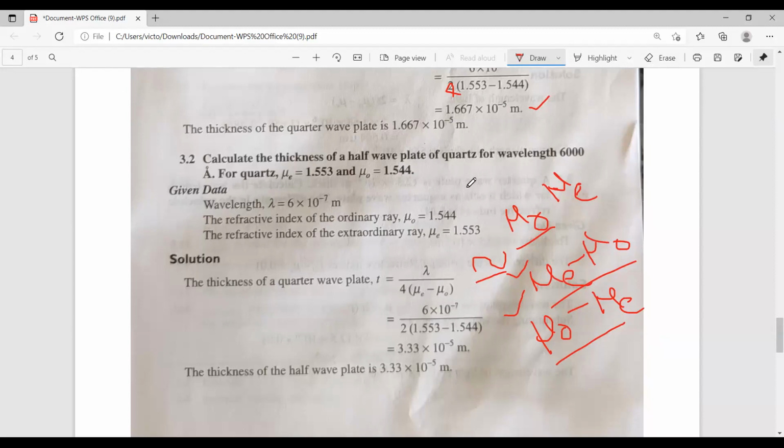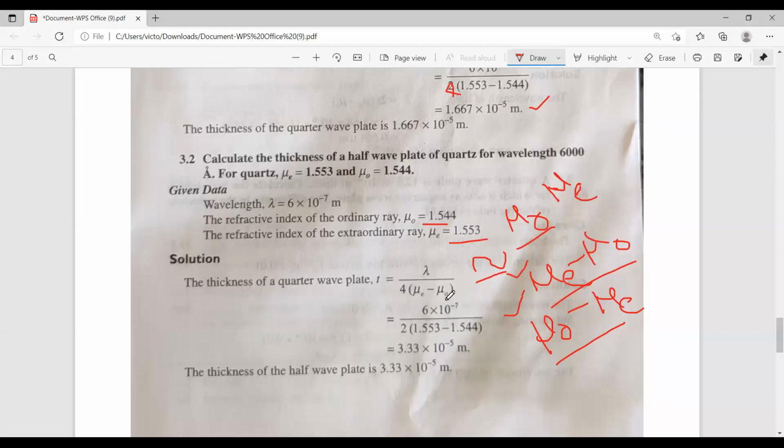Right. Now we have to calculate the thickness of the plate. So the expression for thickness is lambda by 4. Here mu E value is high as compared with mu O. So automatically mu E minus mu O. So mu E value is 1.553 and mu O value is 1.544.